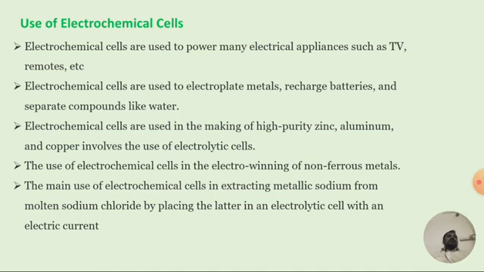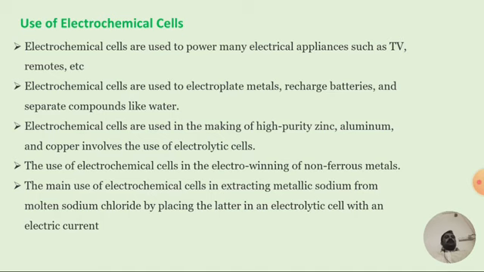The electrochemical cells are used in making high purity zinc, aluminum, and copper in electrolytic cells. Because there is a specific potential for each of these metals, we can make high pure zinc and aluminum and remove the other metals, which are impurities.